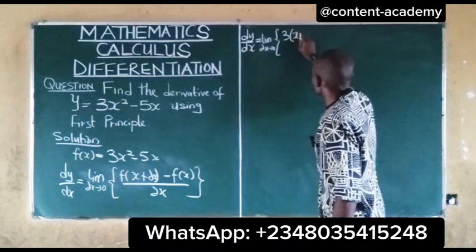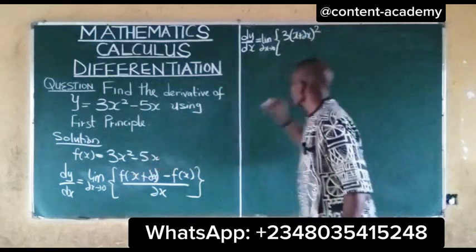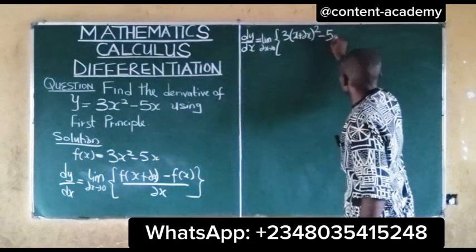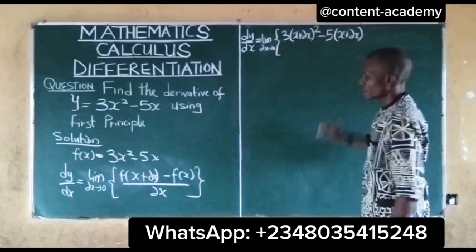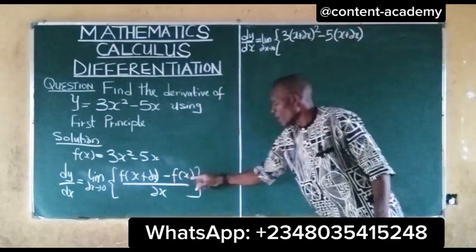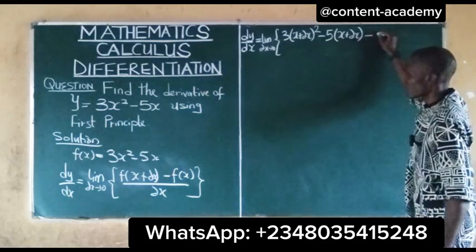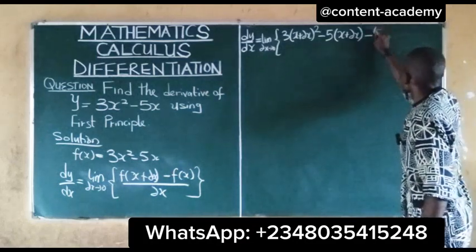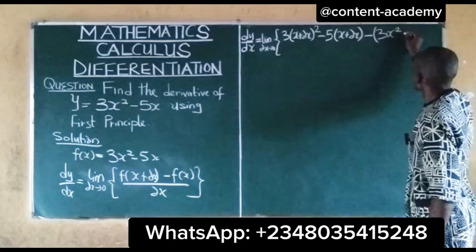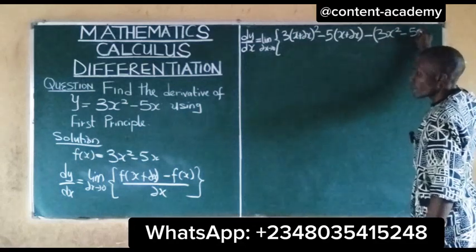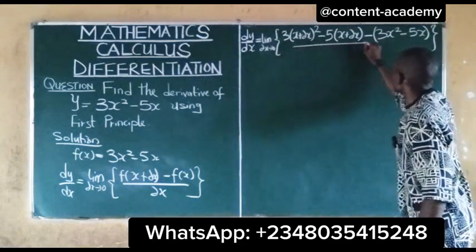So we have 3 times (x plus dx) all squared, minus 5 times (x plus dx), minus our function. That means the whole of this, so we have minus 3x squared minus 5x. So this is what we get.